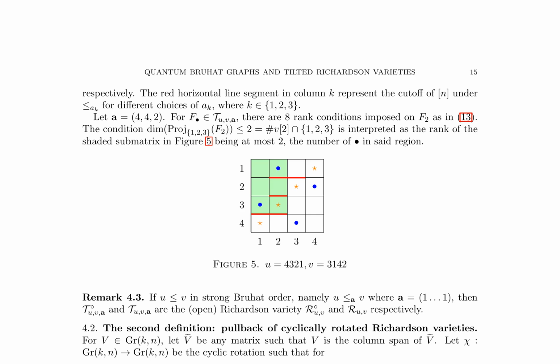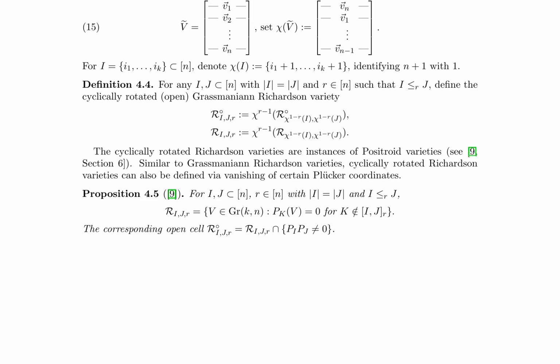The research paper discusses quantum Bruhat graphs and tilted Richardson varieties, focusing on their properties and relationships. It begins by introducing quantum Bruhat graphs and their connection to Richardson varieties. The authors then define cyclically rotated Richardson varieties, which are instances of positroid varieties. They prove that these varieties can be defined via vanishing of certain Plücker coordinates.